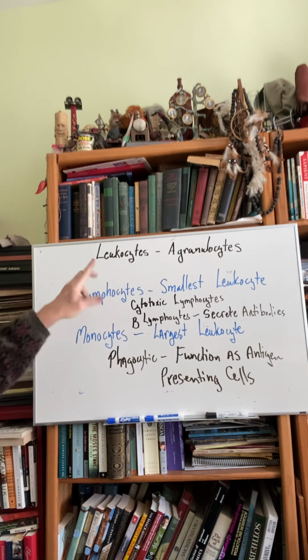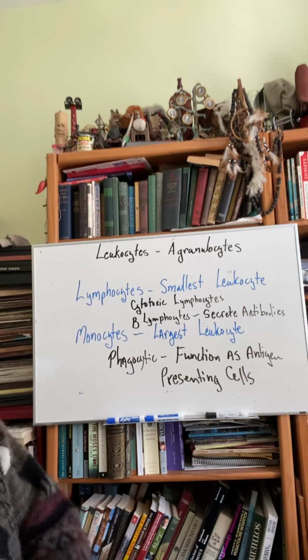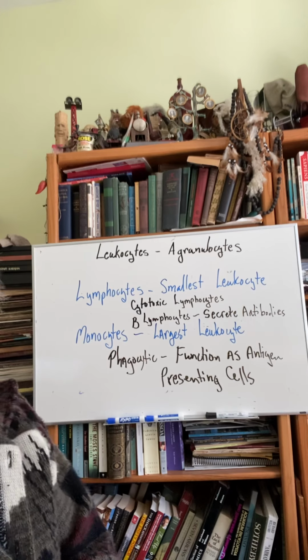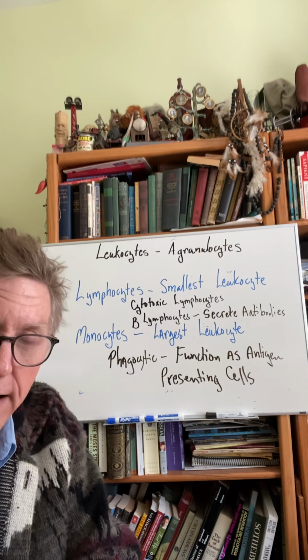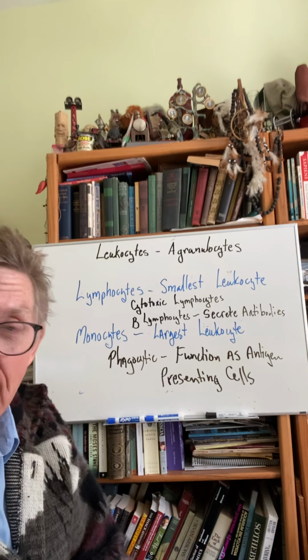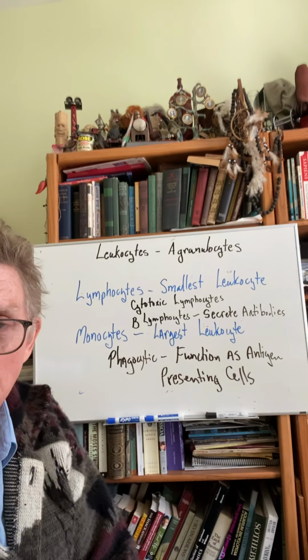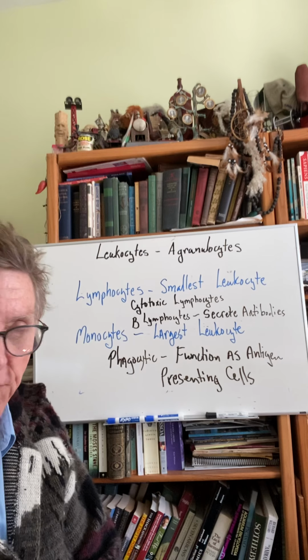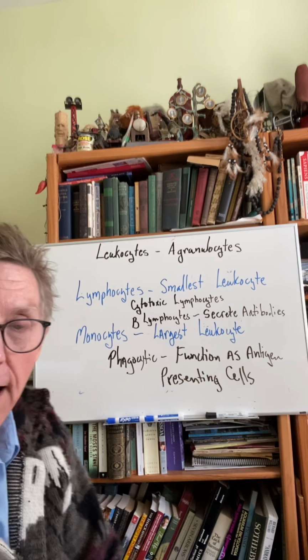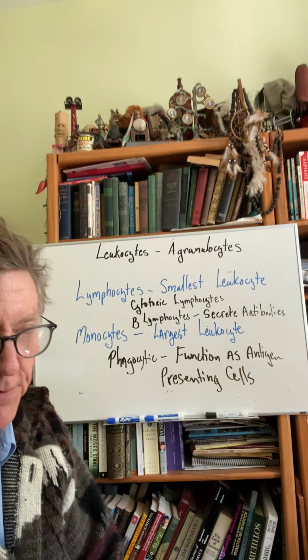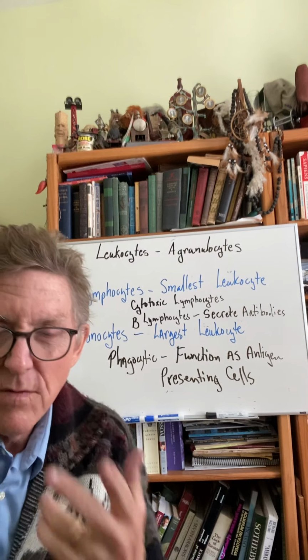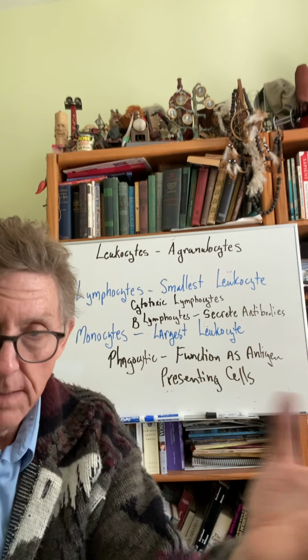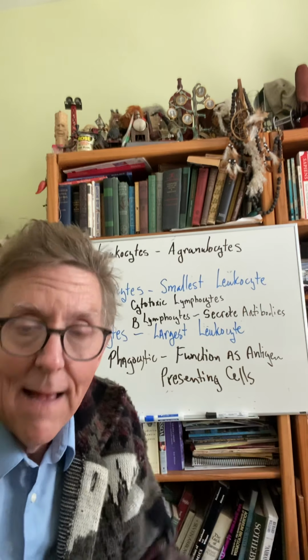It ends up that you can't visually distinguish the two kinds of lymphocytes, but they have two different jobs, and so we're going to talk about both of them. We have the cytotoxic lymphocytes, and then we have something called a B cell or a B lymphocyte. Now, cyto means cell, and toxic means toxic.